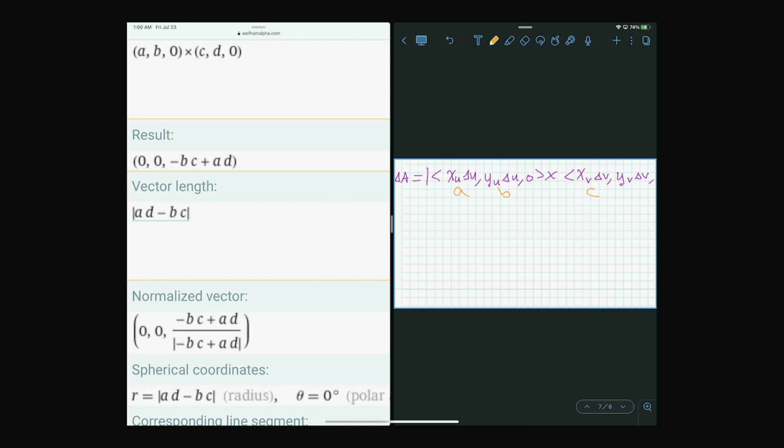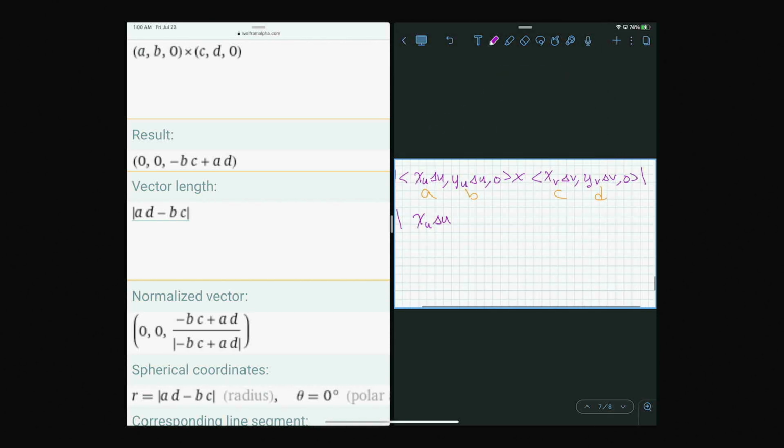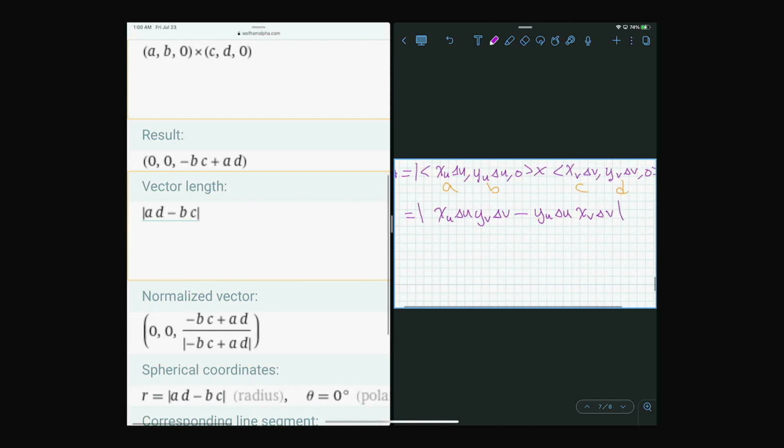And we just copy our answer, then we still have to do the magnitude, but the A is XU delta U. The D is YV delta V, minus B, which is YU delta U, C, which is XV delta V. And then we want the, oh, actually, that is the magnitude.